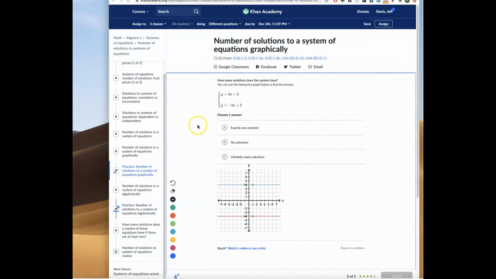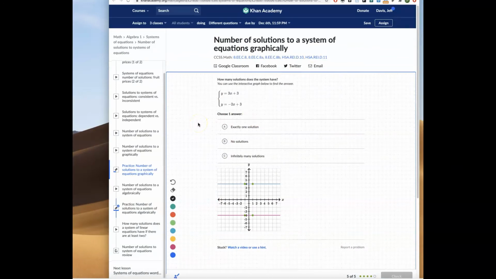All right, so if I look at this one again, graphically, you're welcome to do it graphically. You don't have to. But if I do this graphically, my y-intercept is 3. So start at 3, and then my slope is 3 over 1. So I'm going to go up 3 over 1 from there, and I get this line here. Well, now my y-intercept is 3 again, so those lines are going to cross at least once because they just did. And then this is down to right 1. So from this spot here, I got to go down to right 1.